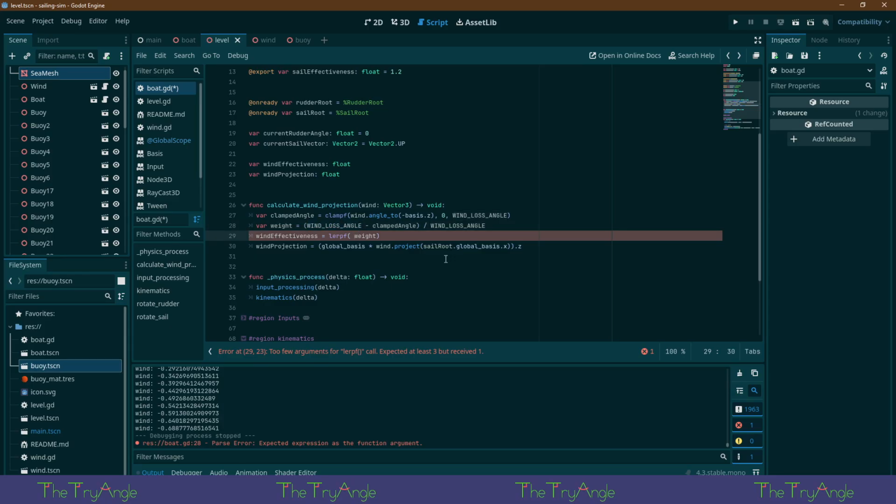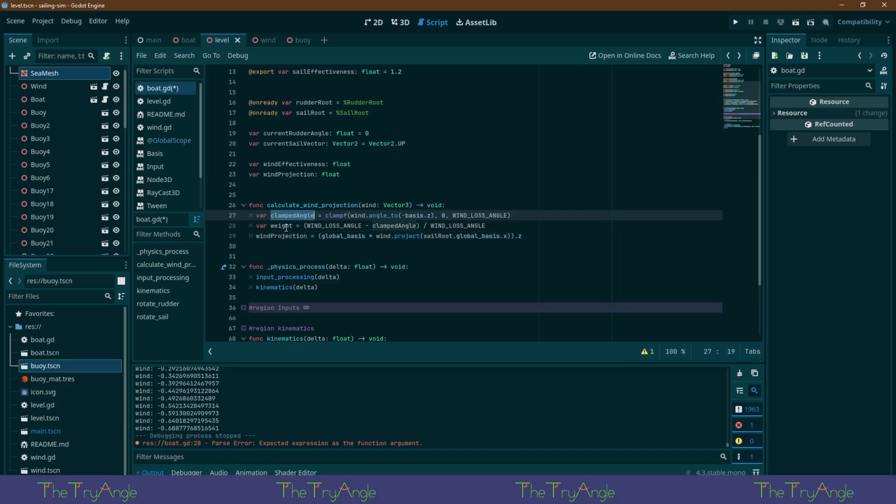Yes, okay. Oh, actually, that's already going to be it. Because it'll clamp here. Yeah, we don't need to lerp anything. So this will actually be the wind effectiveness. It'll go anywhere from 0 to 1.